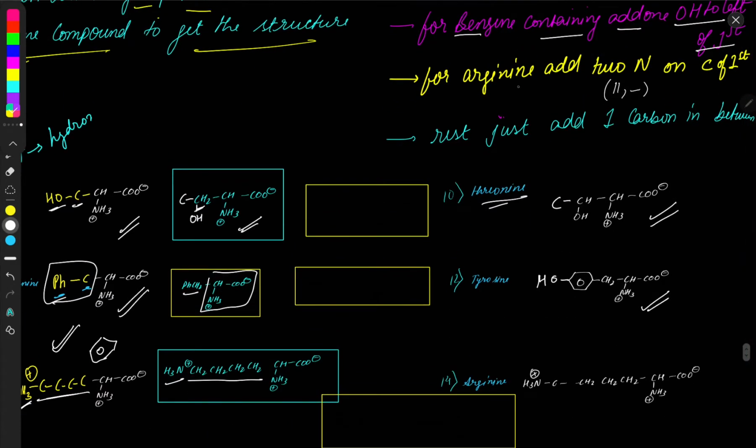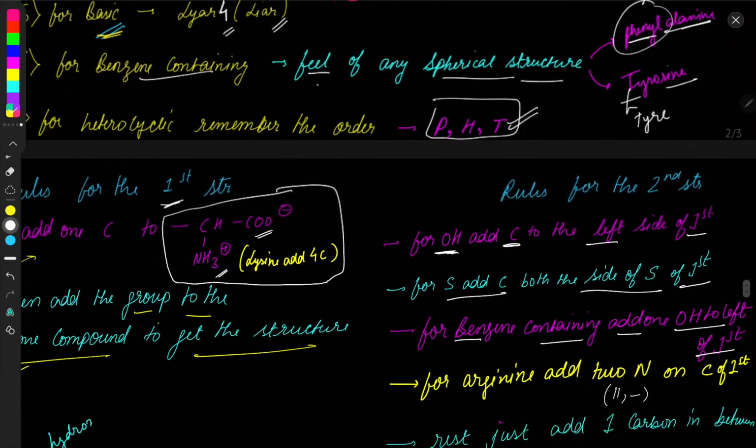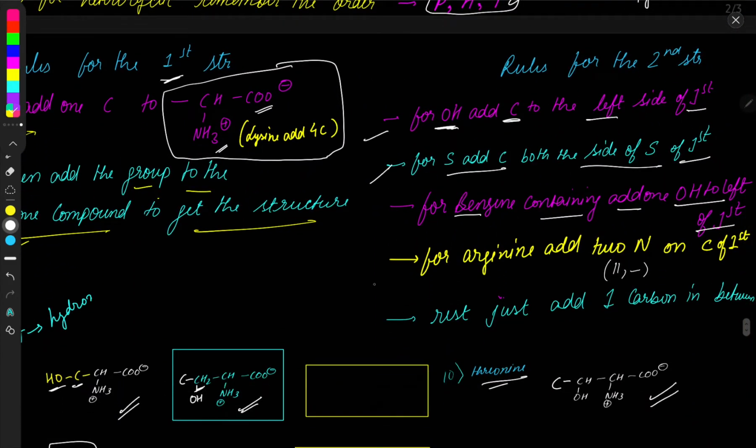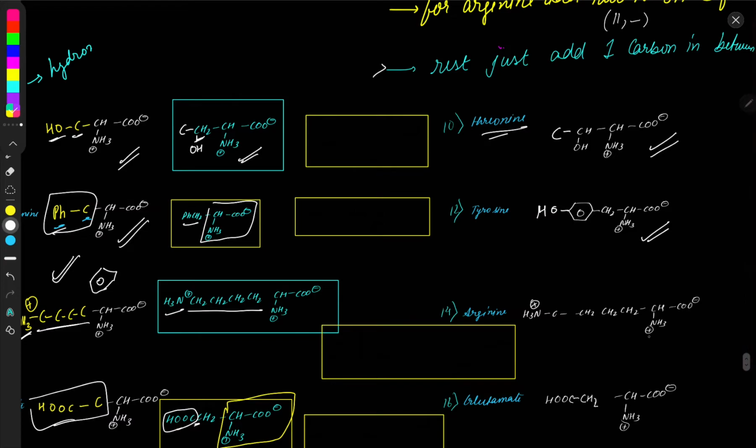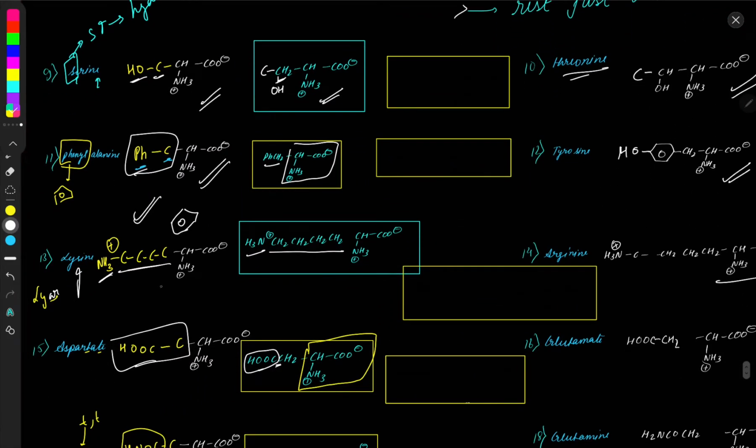For arginine, see, except arginine, in all the others we have to add carbon. Just add one carbon. But in arginine we have to add 2 nitrogen on the carbon of the first. What was the first of arginine? Arginine is the second, lysine is the first. What was the structure of lysine?